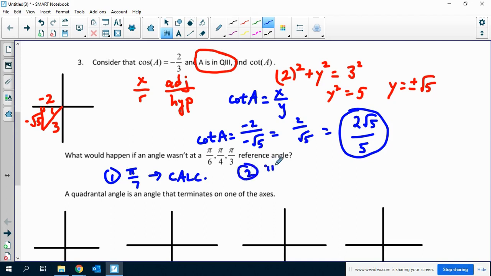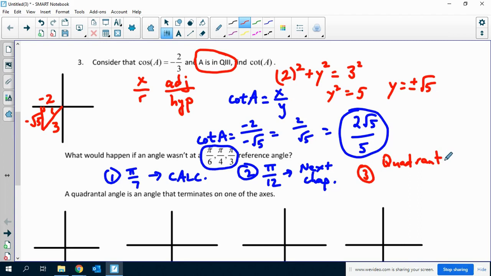Number two, if we have something like pi over 12, which we actually could get with addition or subtraction from these problems, we can do this without a calculator, but we have to wait until next chapter to figure out how to do problems like that. And then the third problem that we're going to talk about is, what if I have a quadrantal angle?